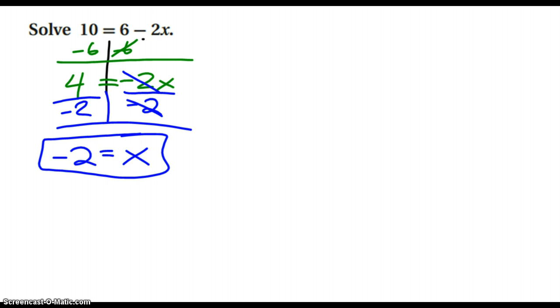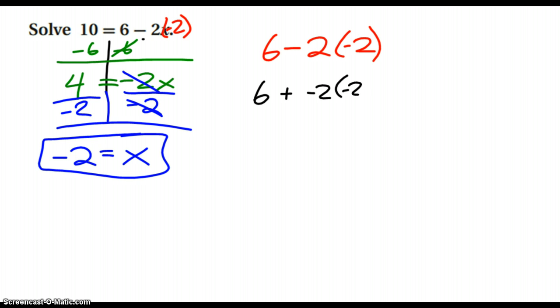So let's plug in negative 2 for x. So 6 minus 2 times negative 2. However you do this, you can think of this as 6 plus negative 2 times negative 2, or the other way around, 6 minus negative 4.